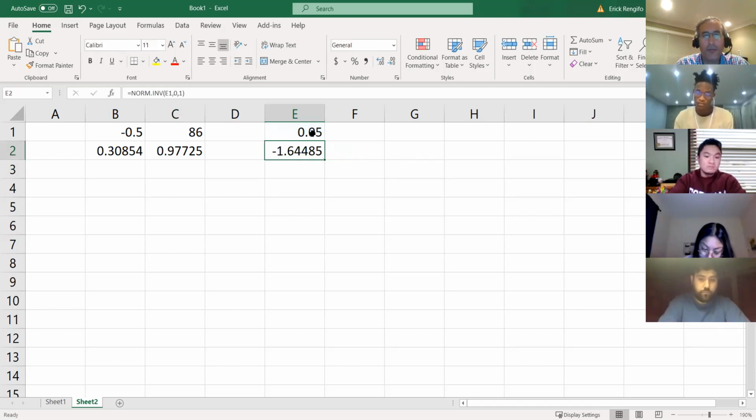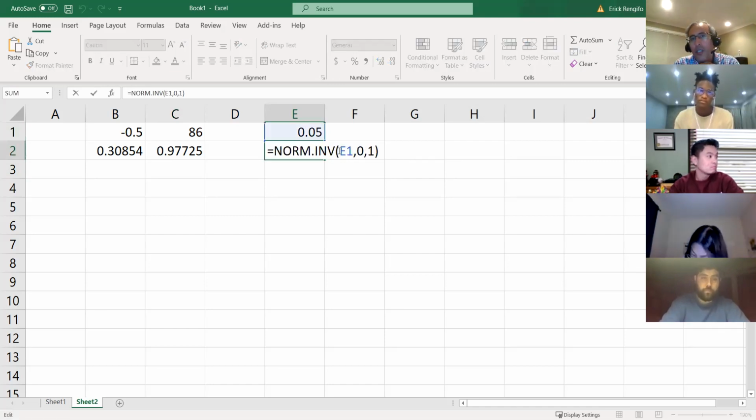So I do the alpha over 2, 0.05 in this case, and my mean is 0 and my standard deviation is 1.